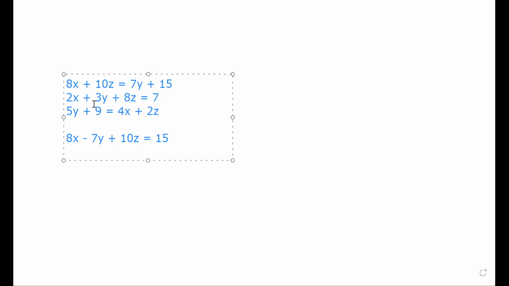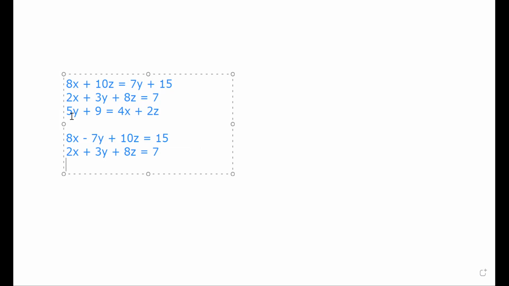Now look at the second equation, 2x. We don't need to change it because it is already in the required format. 3y plus 8z is equal to 7.